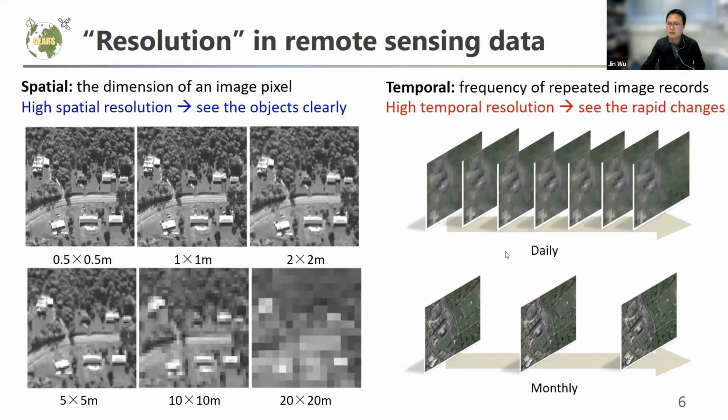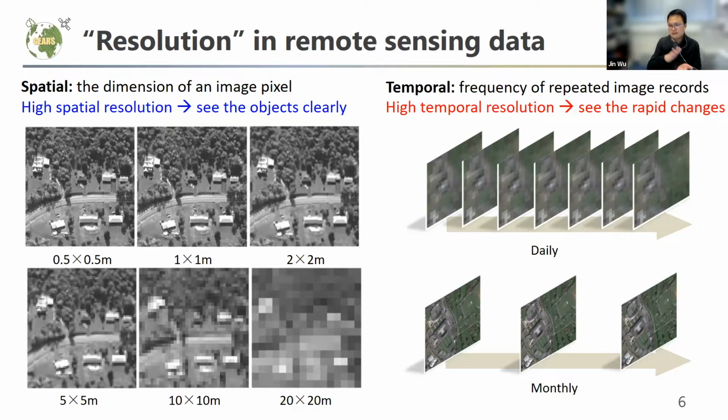And why can temporal resolution matter? Because if we have images recorded frequently, even rapid changes in the land surface can be seen by the remote sensing data. Take the agricultural system as an example.